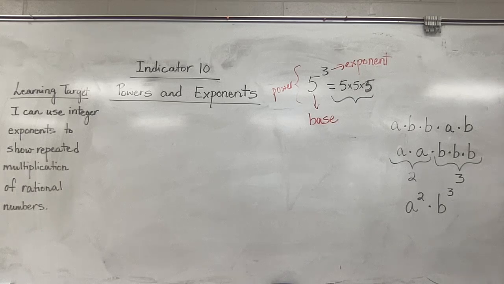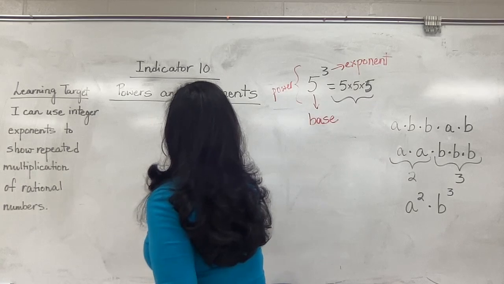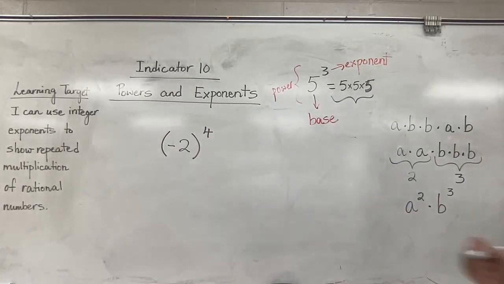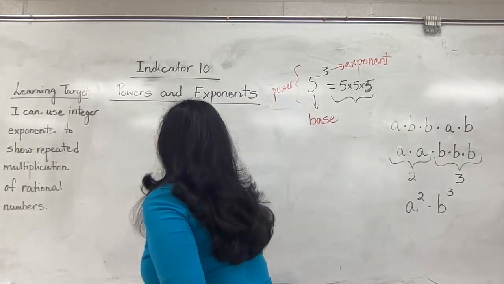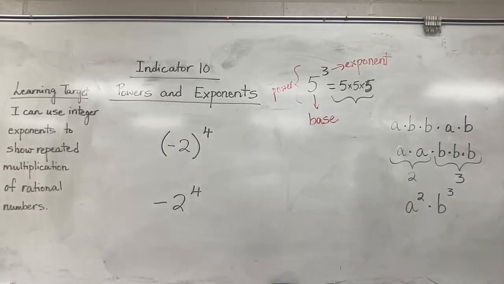So let's say I have negative 2 to the fourth power, with parentheses, and then negative 2 to the fourth power, without. This is the one where sometimes you all make mistakes, so be careful. In the first case, it's telling you that negative 2 is being used as a factor 4 times.